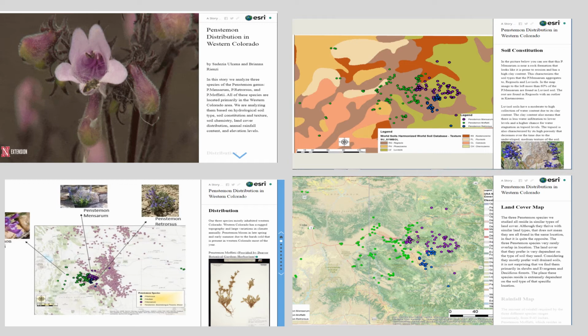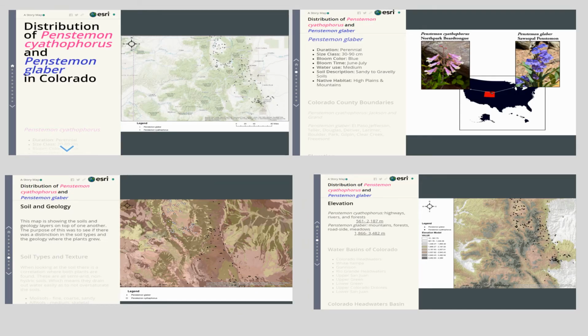This meant that the students needed to do their analysis by looking at different kinds of configurations, whether that was rainfall or elevation or temperature, months of the year, types of soils, and that those things would drive the subtle differences among the different Penstemon species.